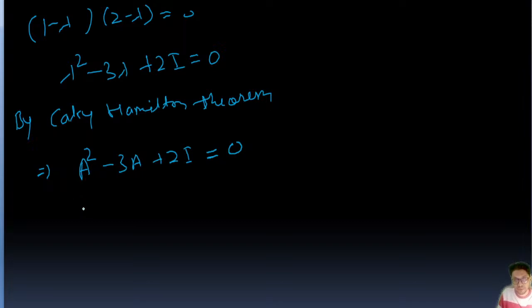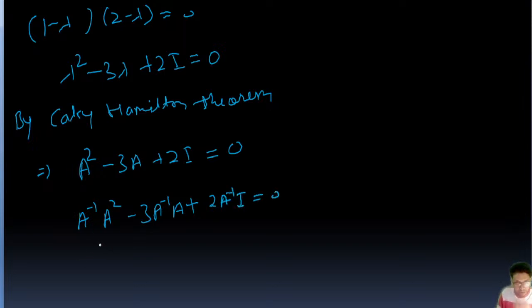Okay, so here is how we are going to find it from this equation. We'll multiply by A inverse on the left-hand side. So it is going to be A inverse A square minus 3 A inverse A plus 2 A inverse I equal to 0.